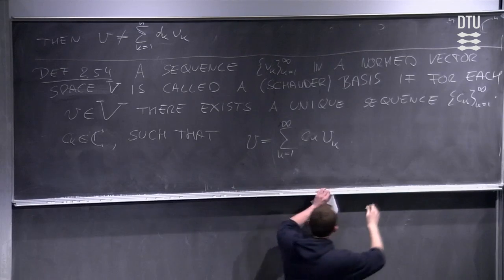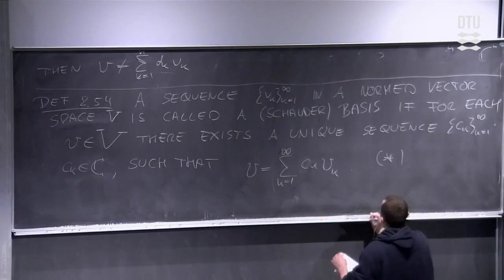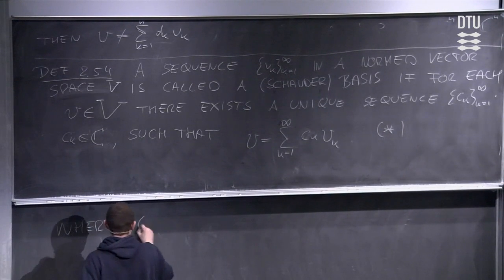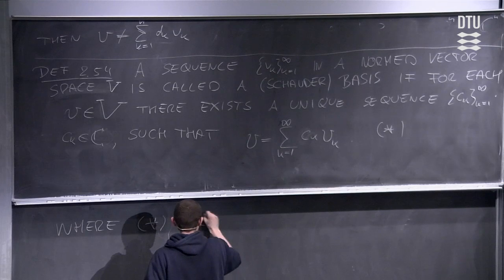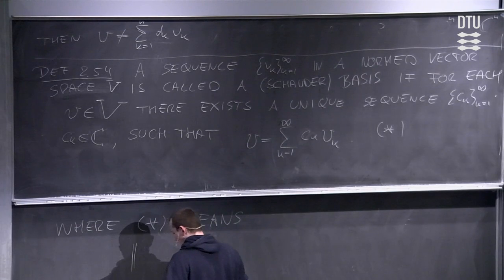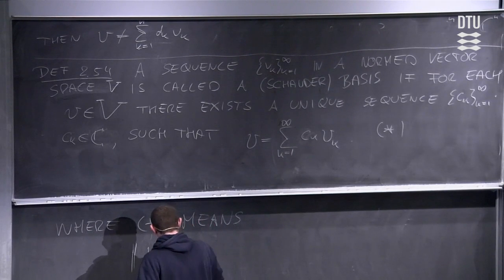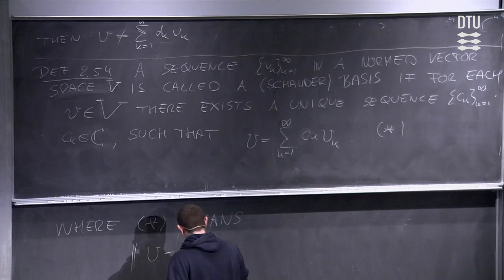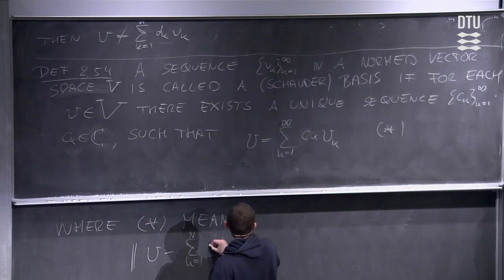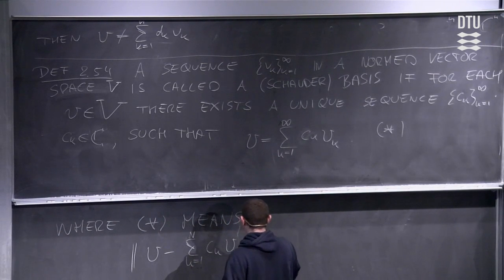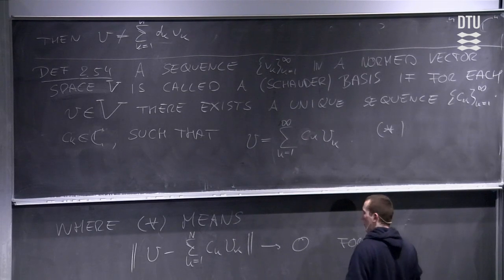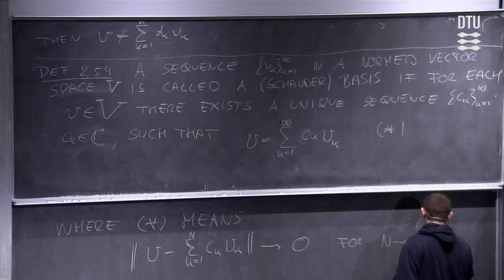Because writing infinity means, so let's call this star, that V minus the finite sum from k equal 1 to capital N of ck vk, in the norm of our vector space goes to 0 for N going to infinity.